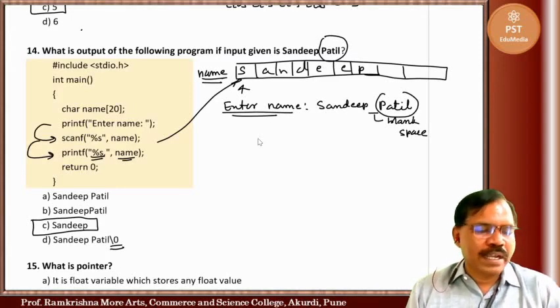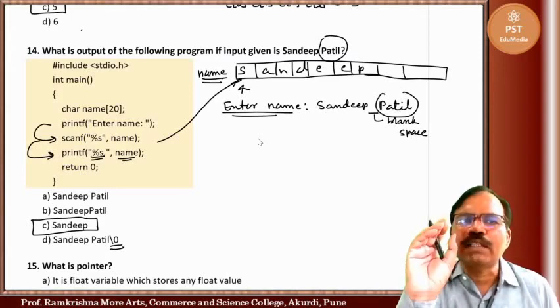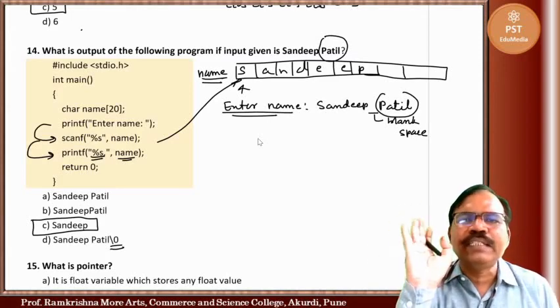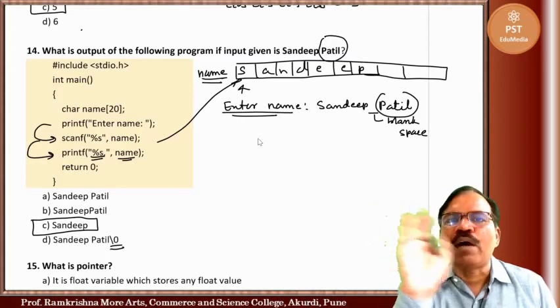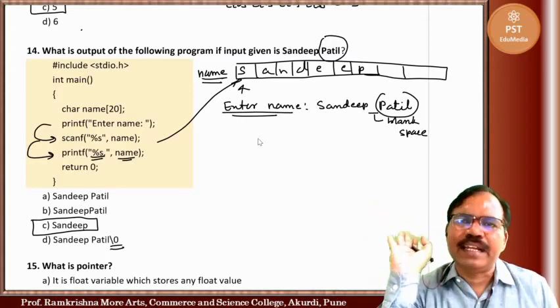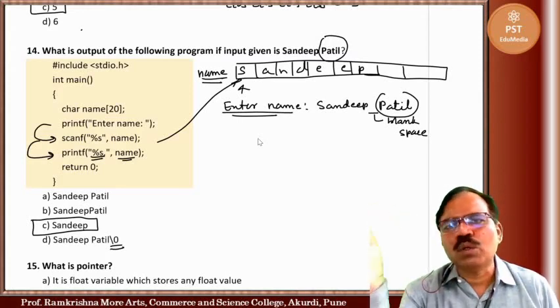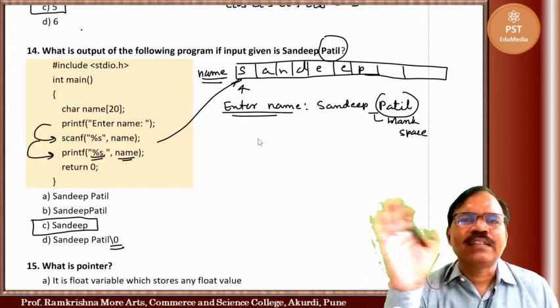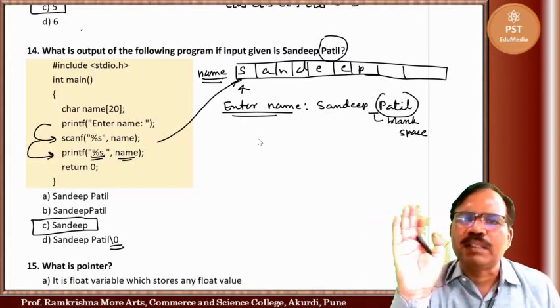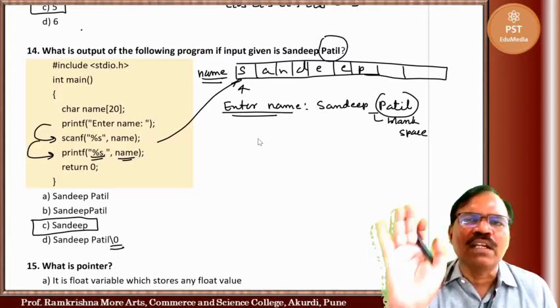Once a blank space appears, the scanf function will not take the remaining characters. For scanf, the string is ended there. So though you have typed a number of characters after the blank space, they are not stored at the memory location, because scanf will not read them.